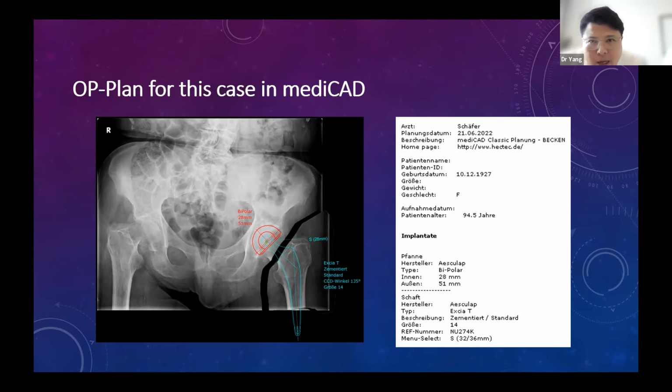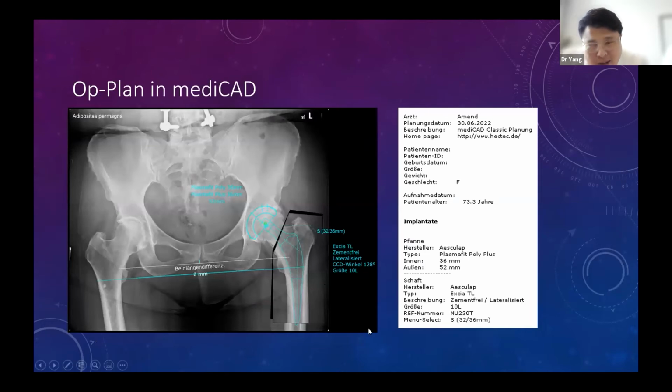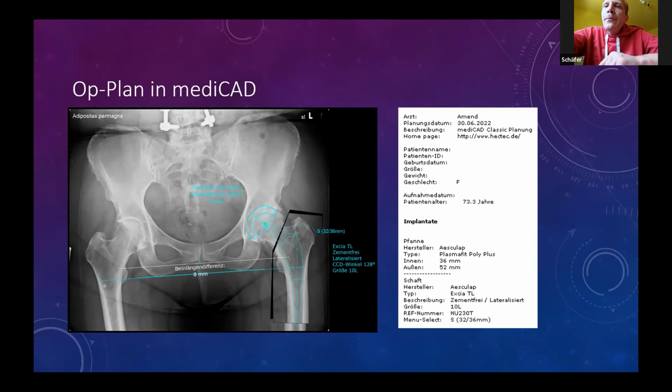But maybe in some cases, in DDH, and maybe the Crowe 3 or above, you cannot confirm the rotation center, because in some DDH cases, in the acetabular side.